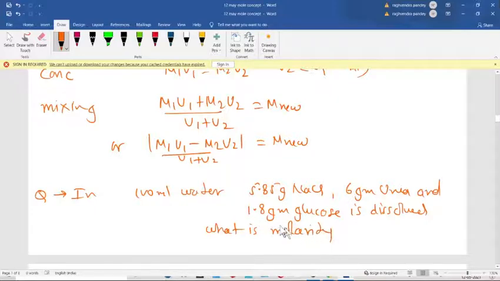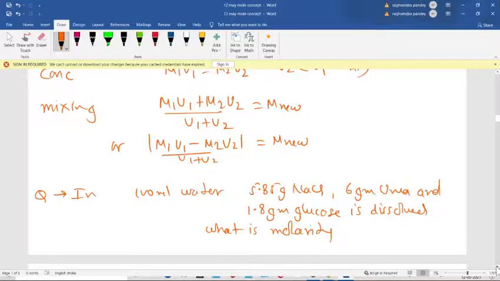So in this type of question, if there are more than one solute, you have to calculate the moles of each and every solute, then add all the moles and then put it in the formula. Are you getting it? You have to calculate moles of NaCl, moles of urea, and moles of glucose, and then put it in the formula.